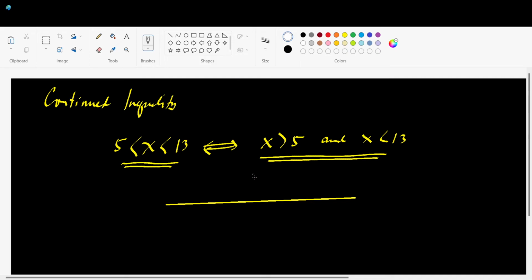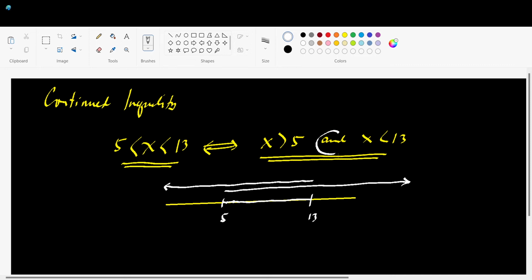So let us locate the numbers 5 and 13 on the number line. For the continued inequality x between 5 and 13, it refers to all numbers between 5 and 13. X is greater than 5 refers to this set of numbers, while x less than 13 refers to all these numbers.